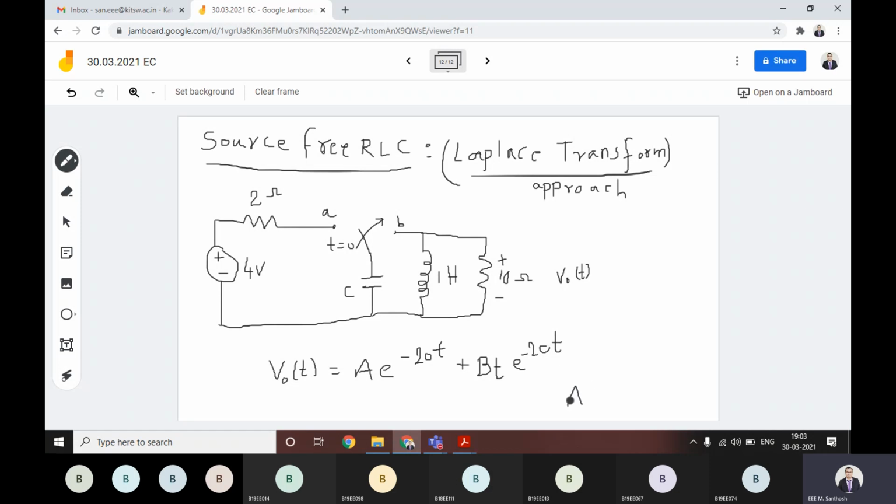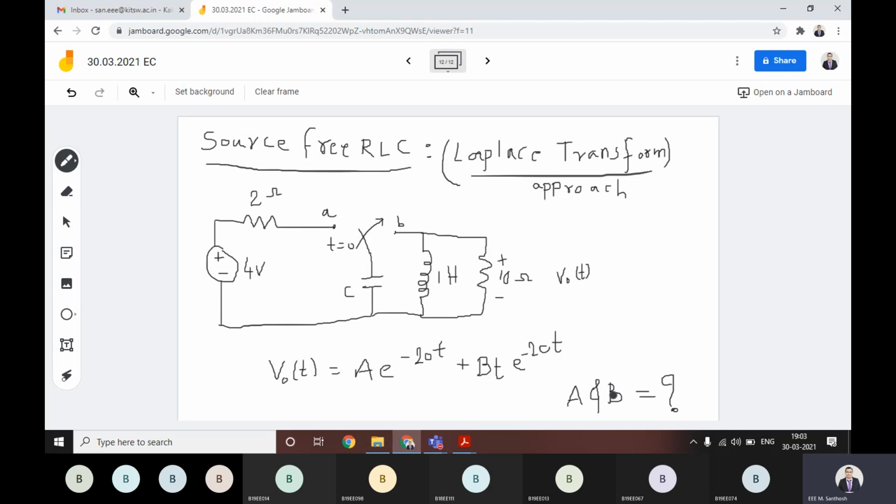You have to find the values of A and B. This is your question. What are the values of A and B? That is your question.